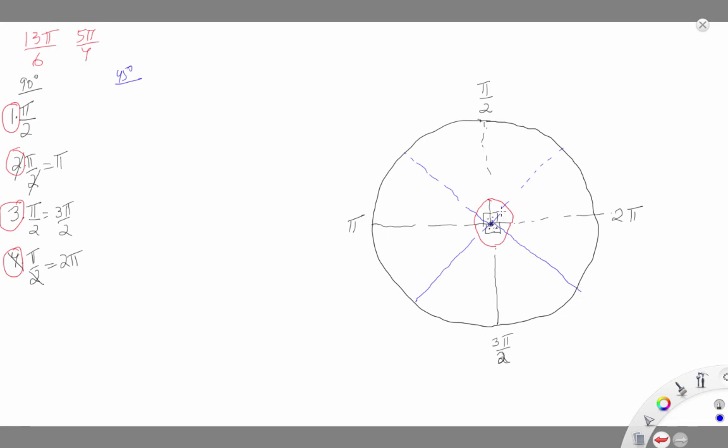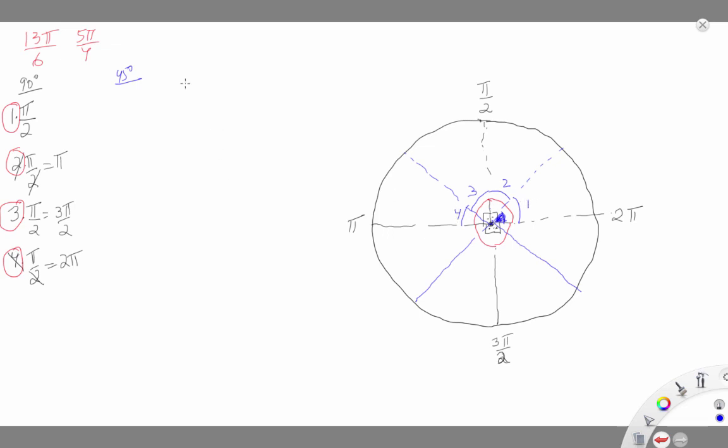So I know that this blue angle over here, this little part, is going to be 45 degrees. How many of those do I have inside half a circle? I have 1 such angle, 2, 3, 4 such angles.